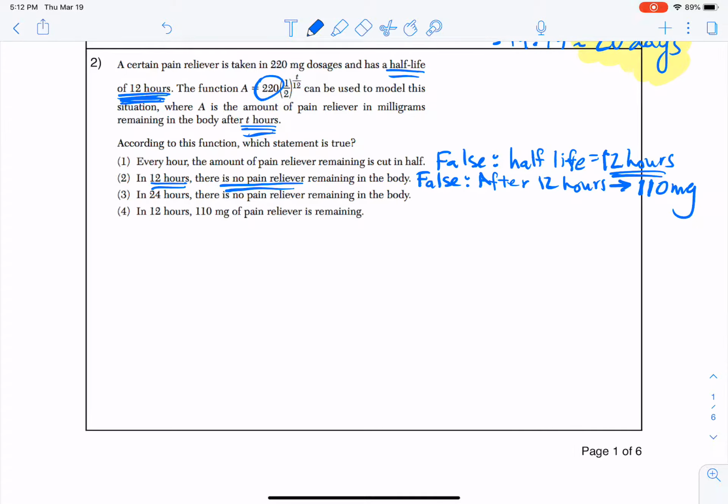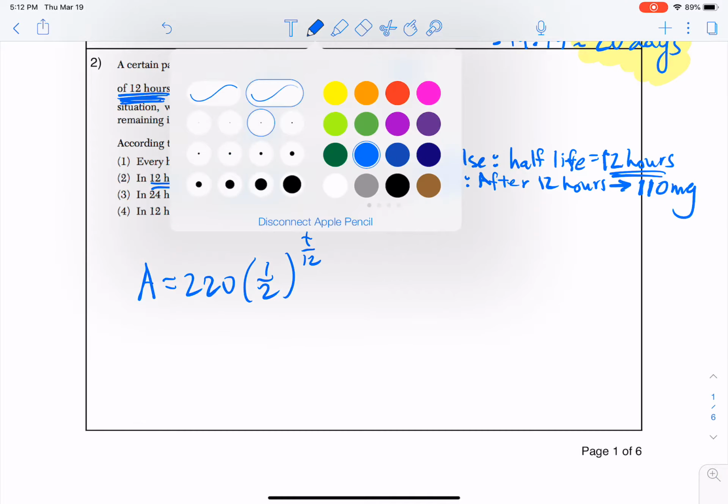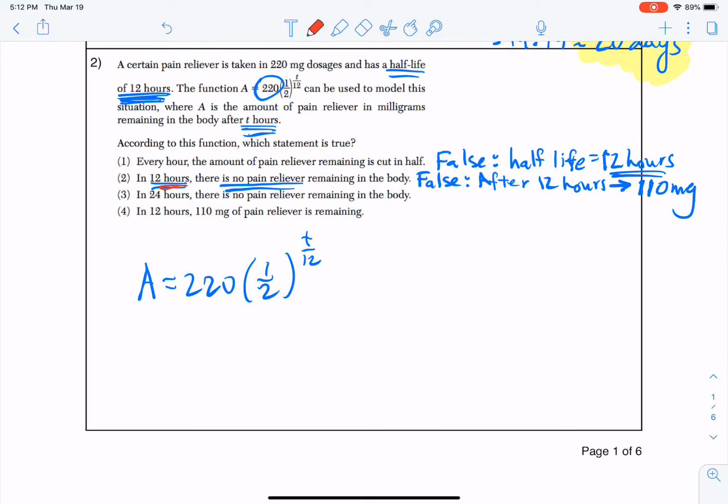Now, if you didn't trust the reasoning, we actually are given an equation here. A equals 220 times 1/2 raised to the t over 12. We can just substitute in 12 into our equation, see what we get. So A equals 220 times 1/2.